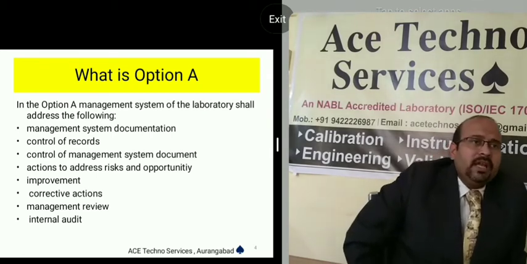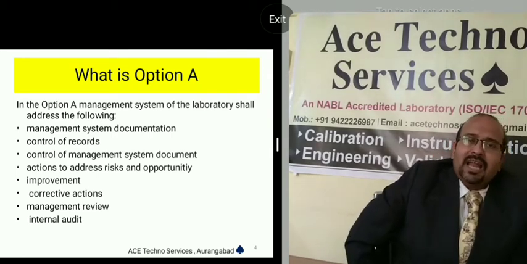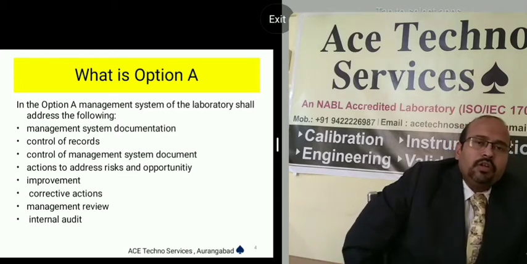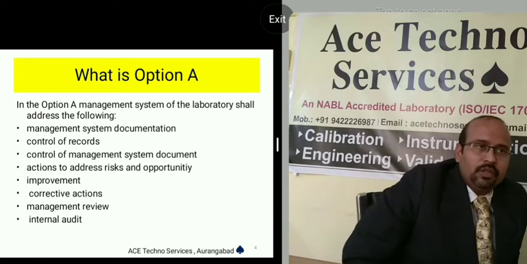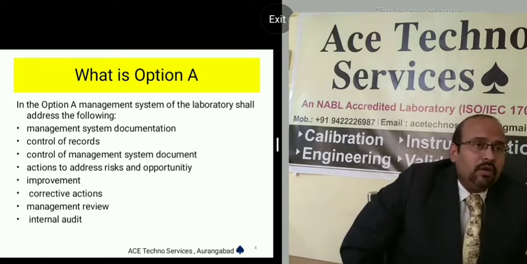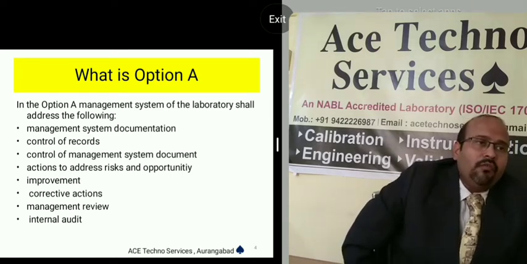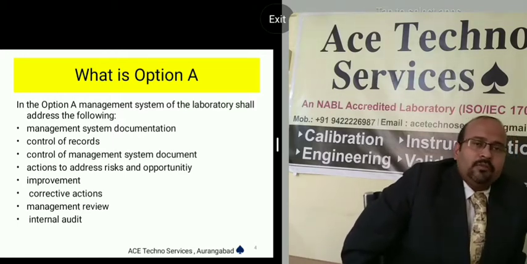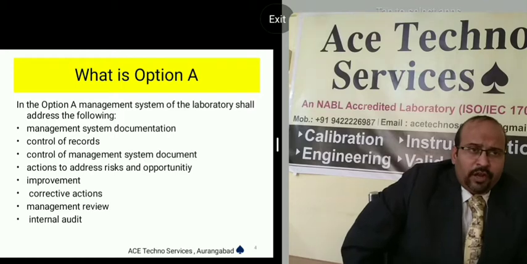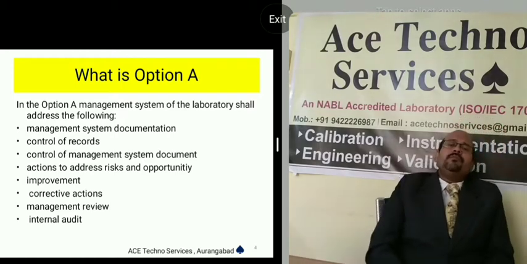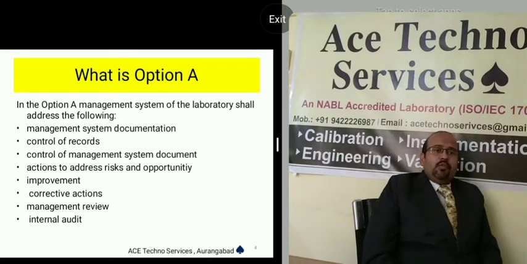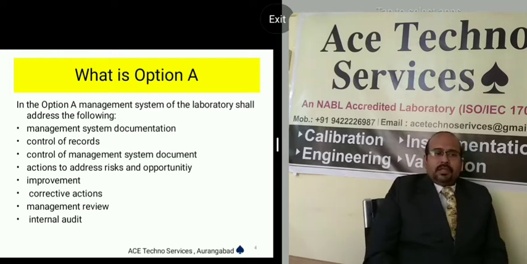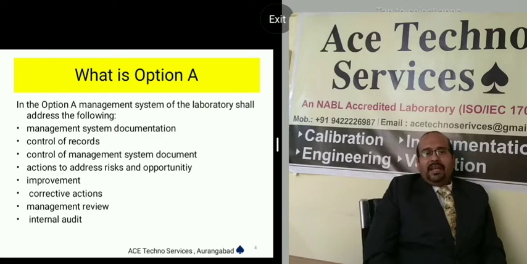Option A: the management system of a laboratory shall address the following. A laboratory opting for option A of 17025-2017 will have to undertake a detailed implementation of: management system documentation, control of records, control of management system documents, actions to address risk and opportunity, improvement, corrective actions, management review, and internal audit.